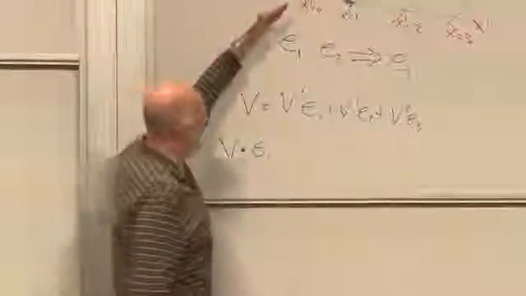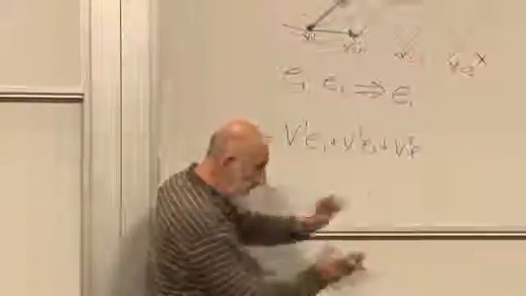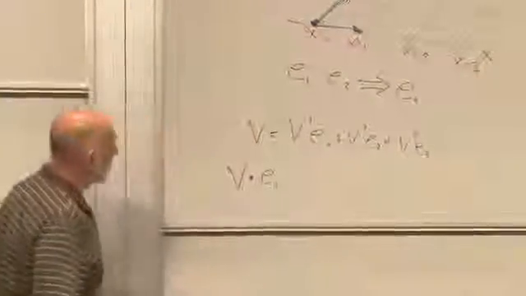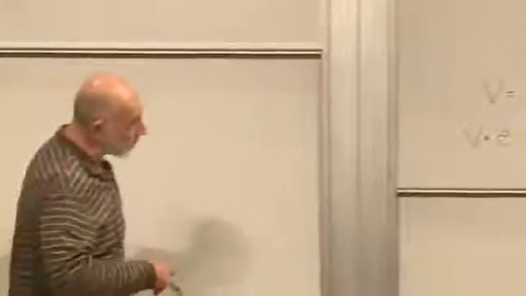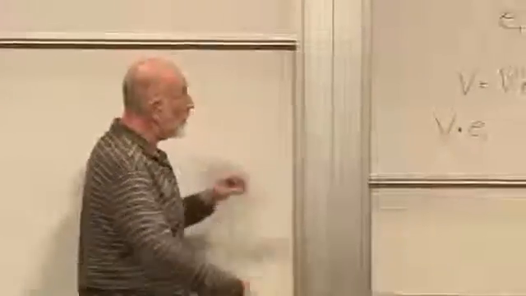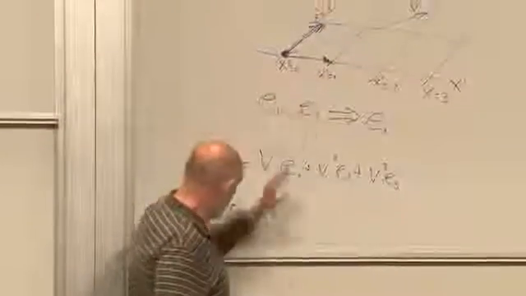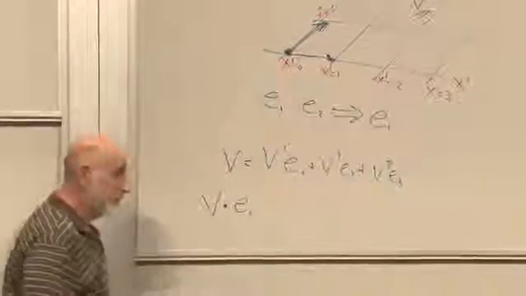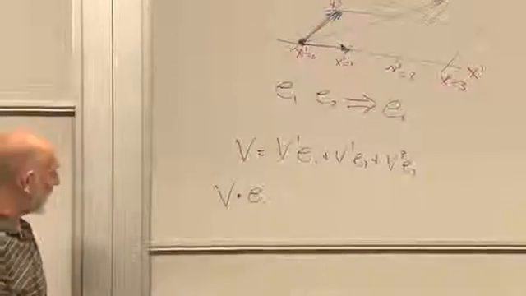The dot products and the coefficients would be the same. However, when we have a peculiar coordinate system with angles and with non-unit separations between the successive coordinate lines here, this is not true. So let's see if we can work out what v dot e1 is.